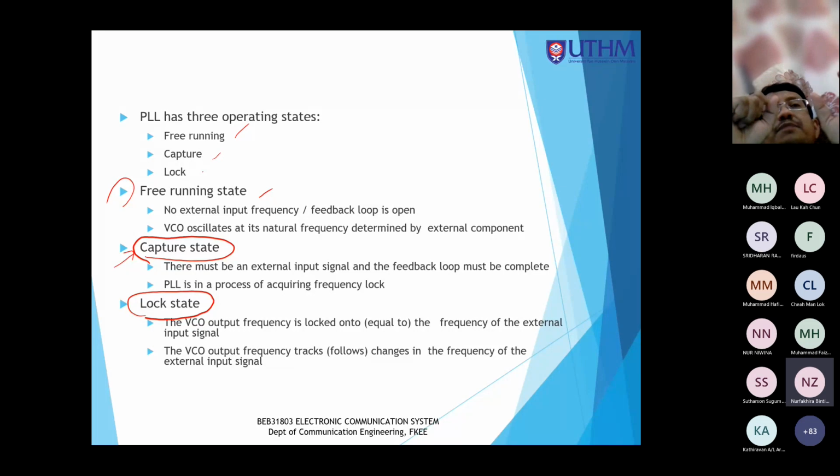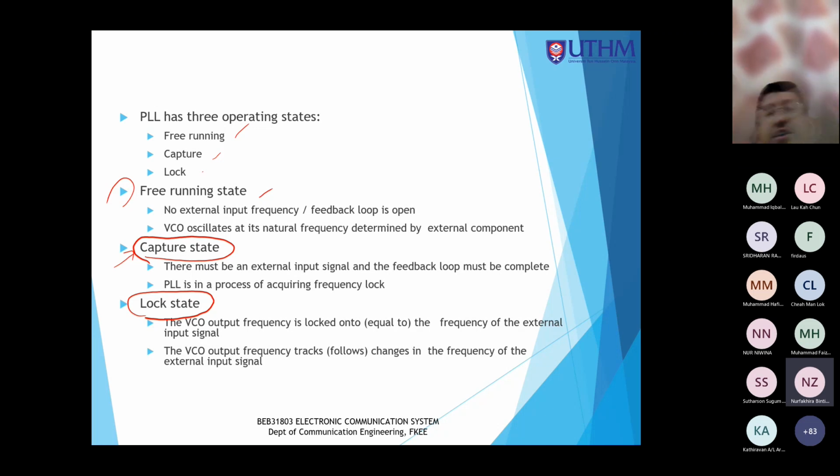Then whenever the PLL finds the frequency that we want, it will lock at that frequency. The term lock here means that it will focus on that frequency and track the movement of the frequency variations.